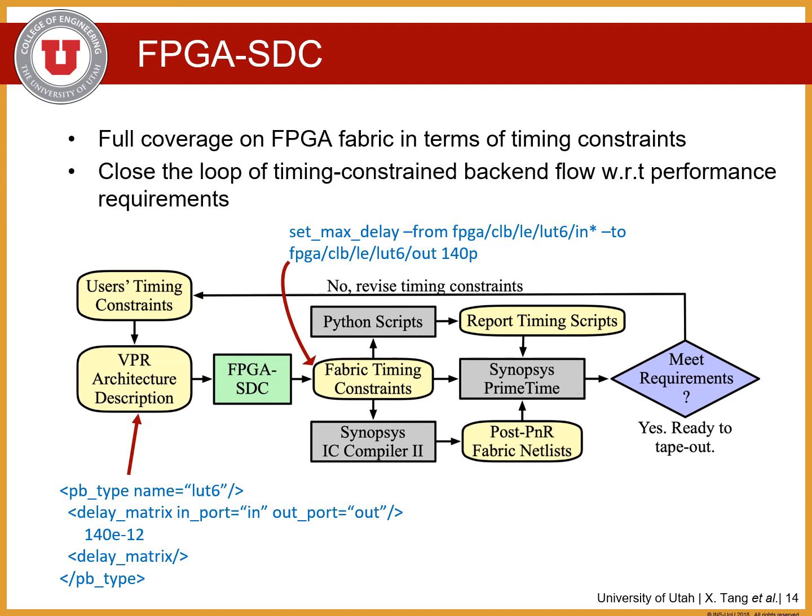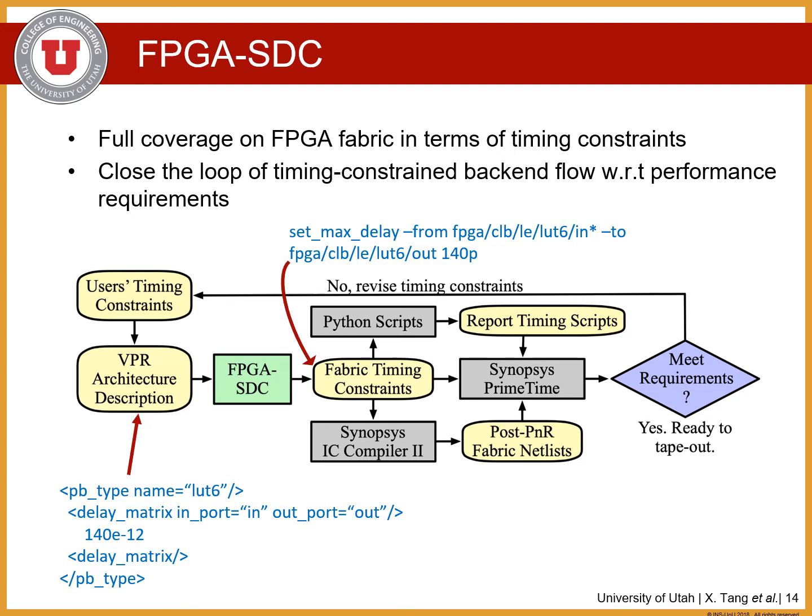Which means using the OpenFPGA framework, you can close the loop of a timing-constrained backend flow with respect to performance requirements from users' implementations. For example, you may have a few benchmarks, and you want your FPGA to operate at a given speed for each benchmark. Therefore, you carefully craft your architecture with timing requirements.